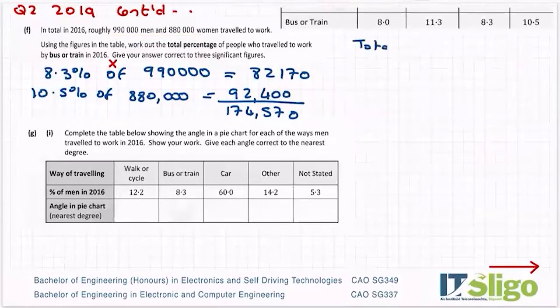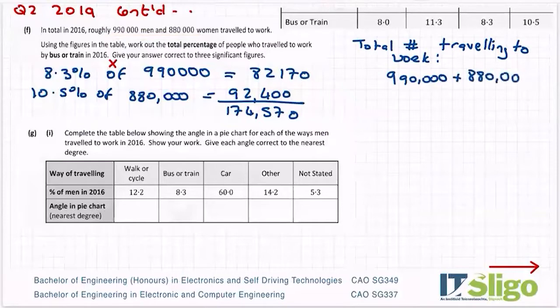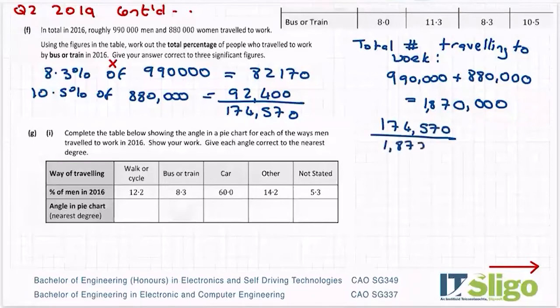Total number travelling to work is 990,000 plus 880,000, and that is 1,870,000. So then to get a percentage, you put what you have over the total and you multiply it by 100 to change it to a percentage.